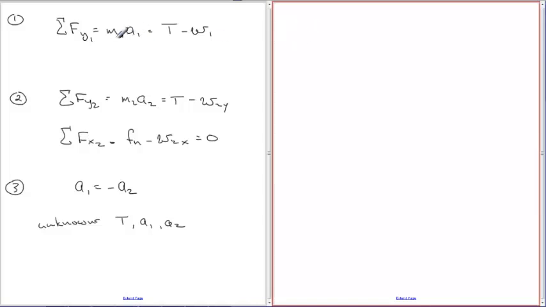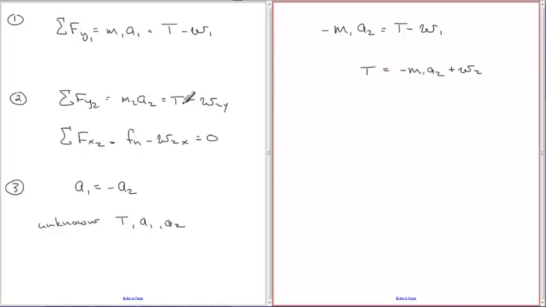So I'm going to substitute in for A1 as negative A2. So the first equation becomes negative M1 A2 is equal to T minus W1. And I can solve for T. So T is equal to negative M1 times A2 plus W1.